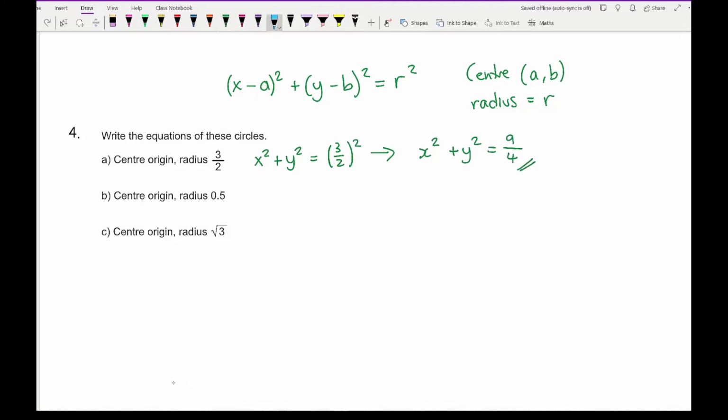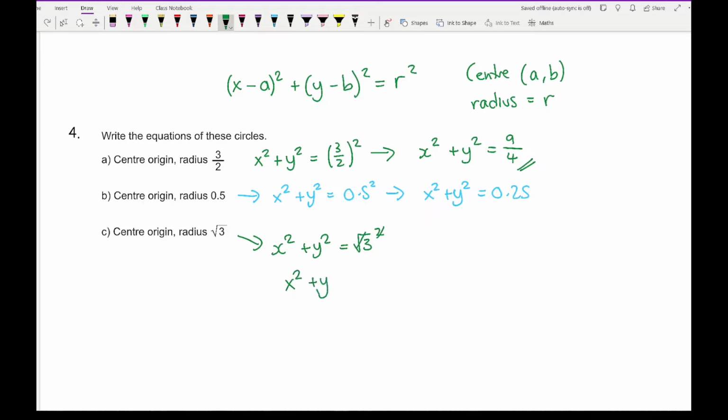Then with B, we've got x squared plus y squared equals 0.5 squared, which then gives me x squared plus y squared equals 0.25. And for C, we've got x squared plus y squared equals root 3 squared. And so obviously that then cancels with that. So all I'm left with is x squared plus y squared equals 3.